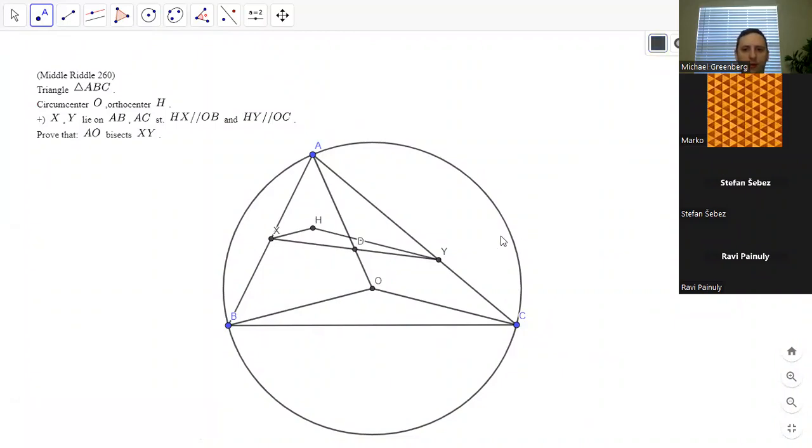Maybe we could use projective geometry. So if we draw like the parallel to XY, I'm not sure how much that will help. Because yeah, I don't know what we would do with the parallel to XY.